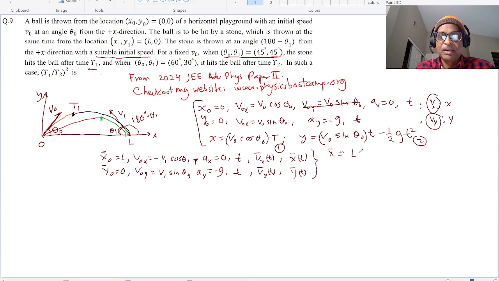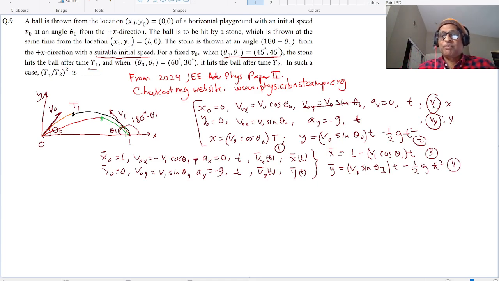This is going to be L minus v1 cosine theta 1 times t. So this is equation 3. And y bar, y0 is 0, so this is going to be v1 sine theta 1 t minus half g t squared.